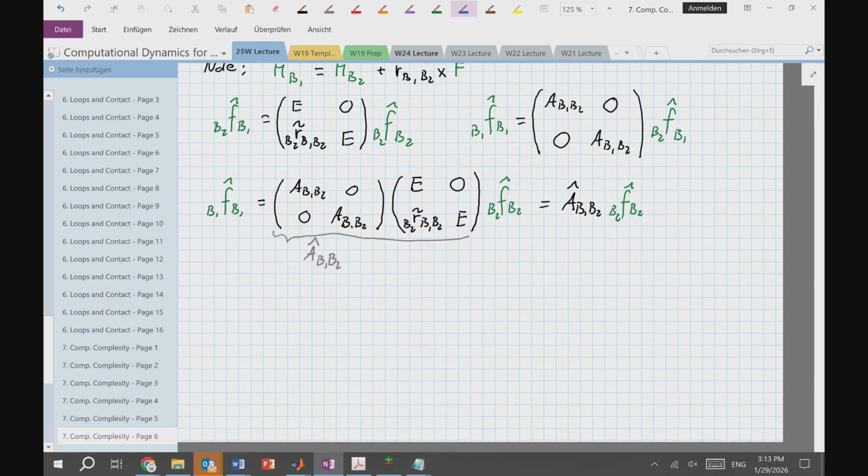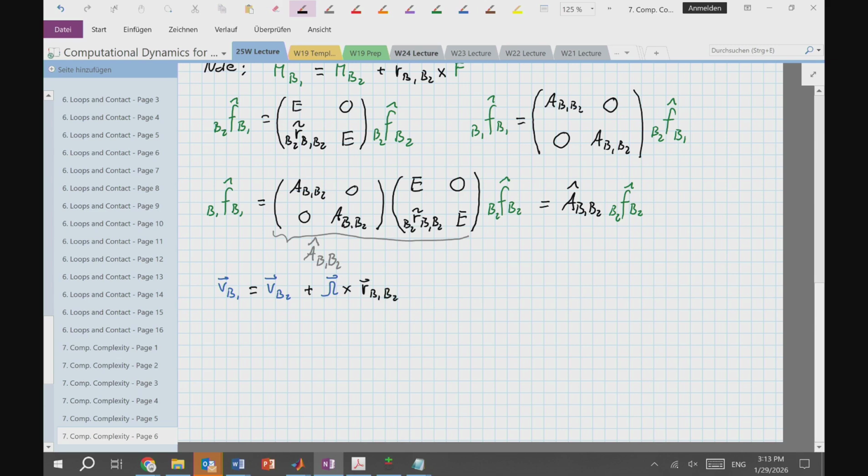So why is this fun? Because you can think about velocities the same way. If I think about two points on a body, and we've seen this equation, the velocity of point B1 on one body is going to be the velocity of point B2 on that body, plus then we had this cross product omega cross the relative position between these two points, RB1, B2.